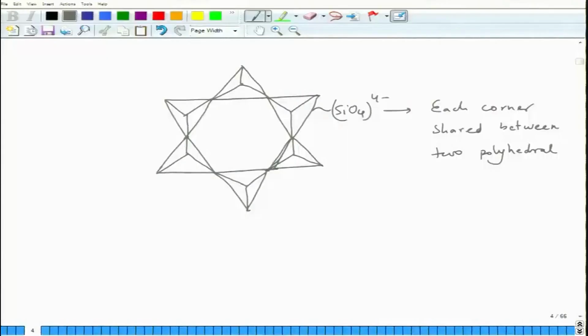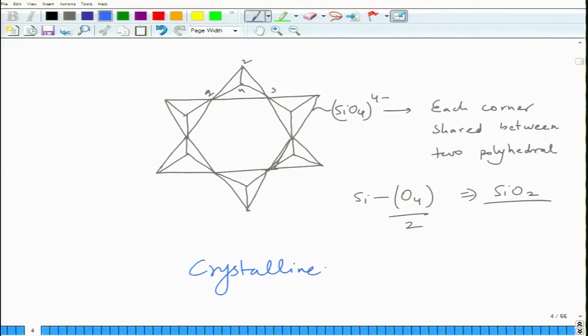So, 1 here, 2 here, 3rd here, 4th here. Si is at the center, O4 divided by 2 gives SiO2. So, this is the crystalline form, which has this hexagonal array of polyhedra.